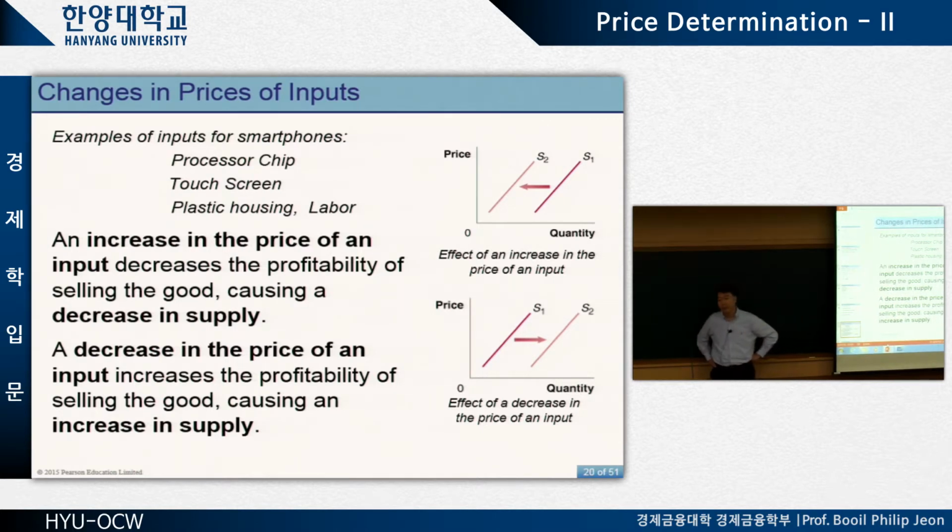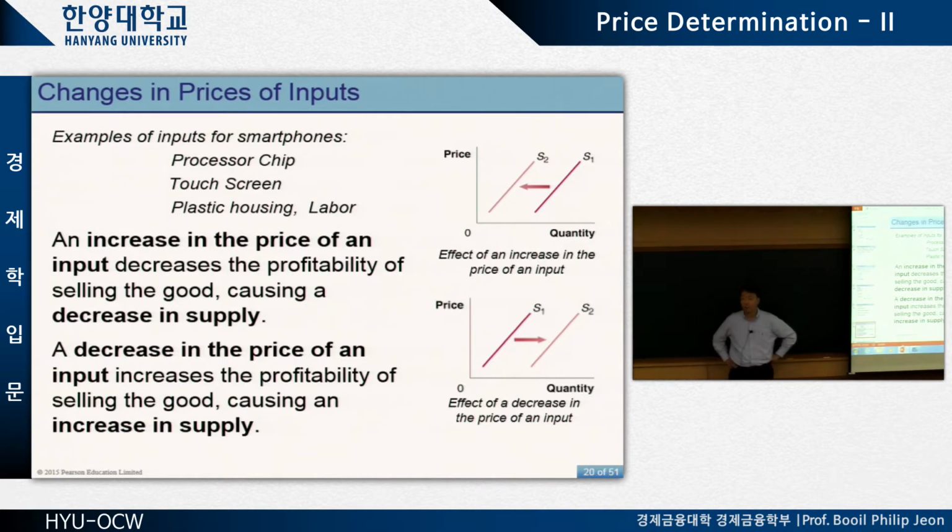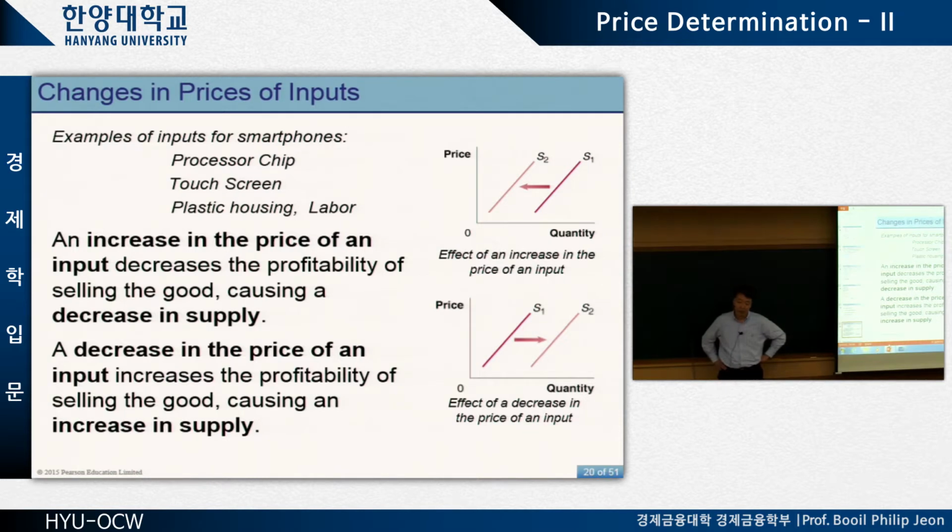Wage, right? So let's say there was a strike among the labor. Workers went on strike demanding higher wages, right? And let's say they were successful, right? So they successfully negotiated higher wage. Then what's going to happen to the supply for smartphone?